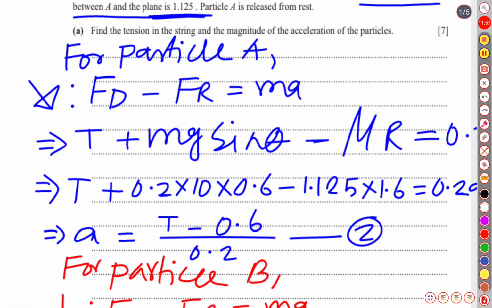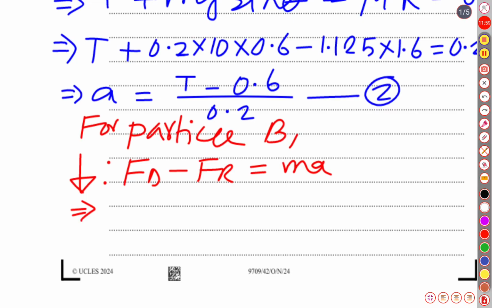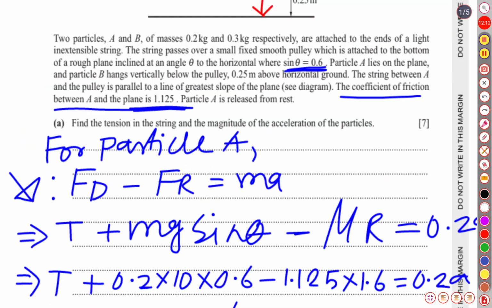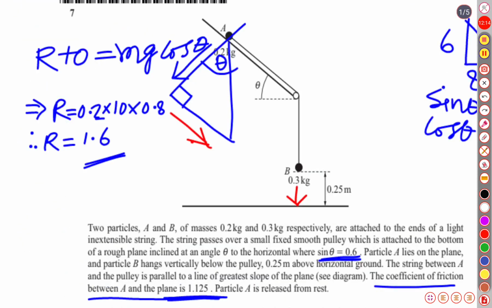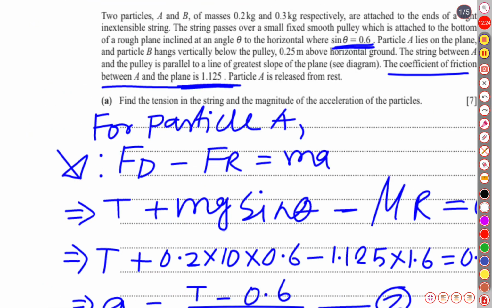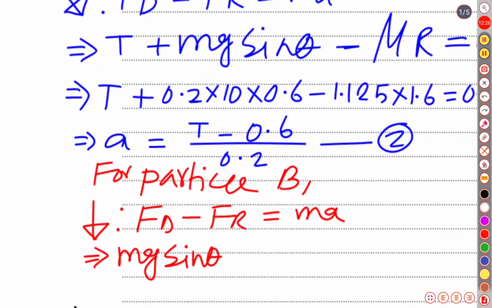For weight we have calculated already, weight is mg sine theta. Please don't get confused: that theta was applicable for particle A, this is not for particle B. Here theta will be 90 degrees because this is vertically downward. Okay, so this is the driving force.